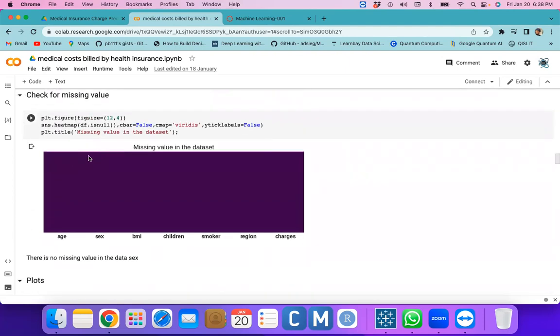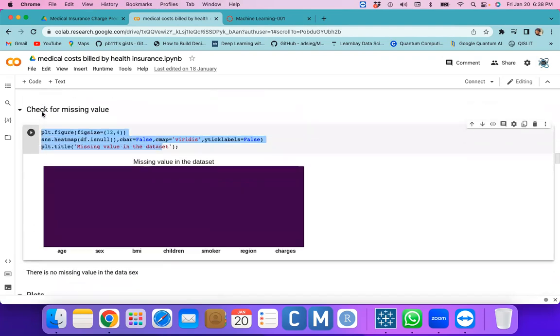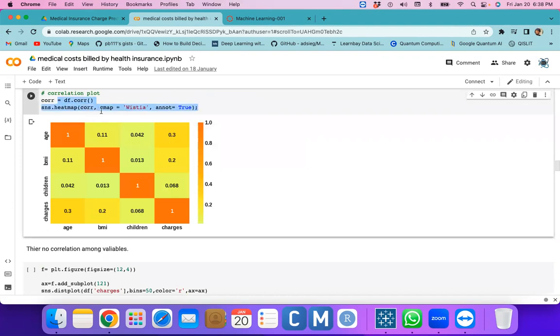I checked whether there is any missing data with the help of matplotlib, and with the correlation matrix and heat map we can display the relationship between the independent variables and the dependent variable, as well as among the independent variables. So we are checking the assumptions of multiple linear regression.